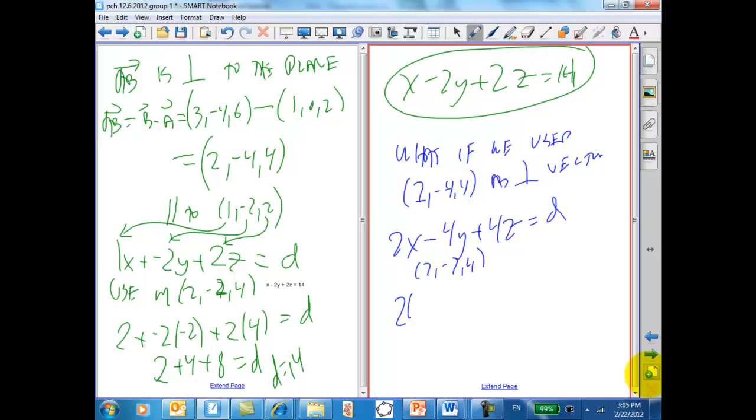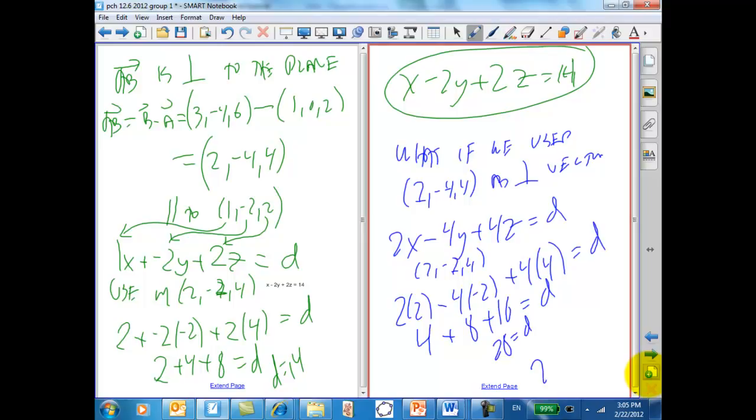And so you'd have 2 times 2 minus 4 times negative 2 plus 4 times 4 equals d. 4 and 8 and 16 equals d. Looks like 28 to me. And you end up with 2x minus 4y plus 4z equals 28.